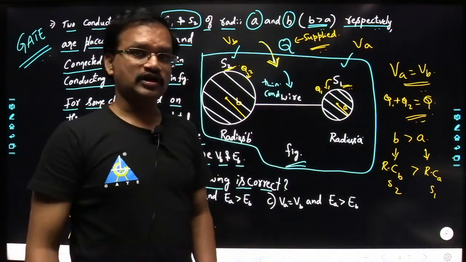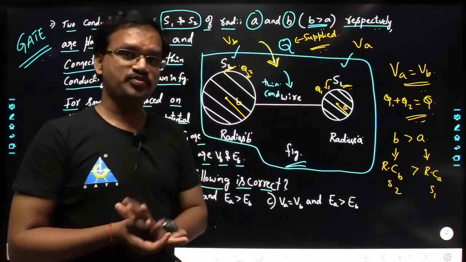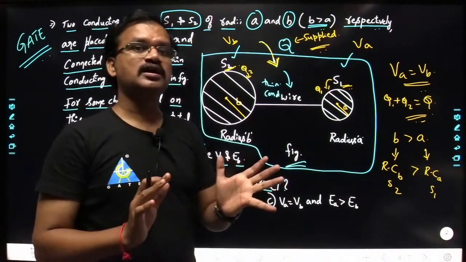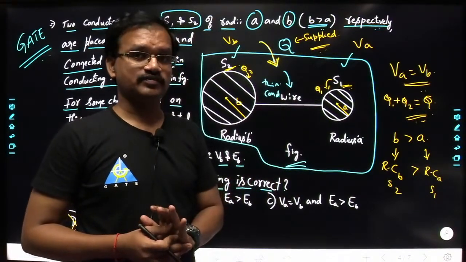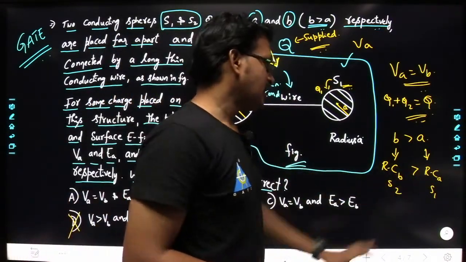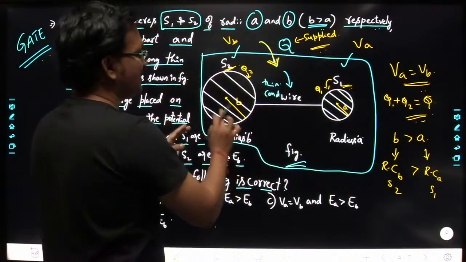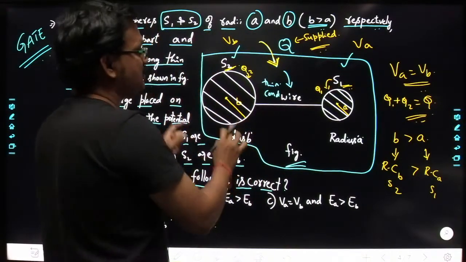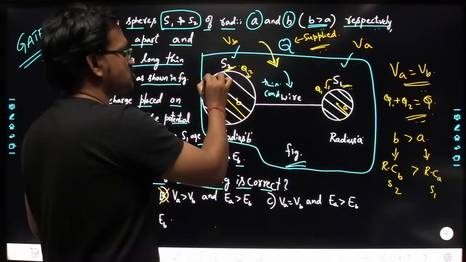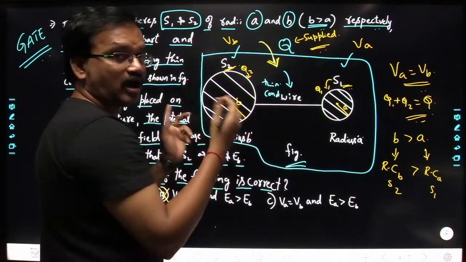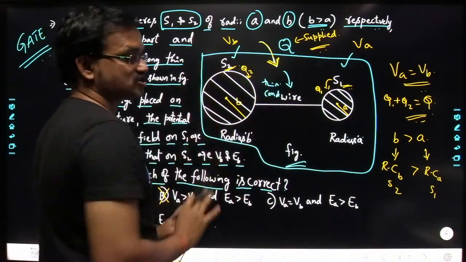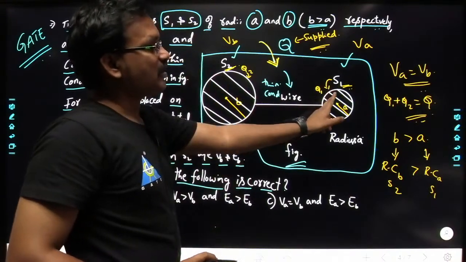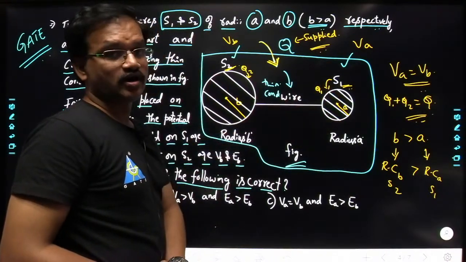We know that the charge distribution on the surface of the sphere depends upon the radius of curvature. Here the radius of curvature of this one is more. That means the charge accumulation, or I can say the surface charge density, on this sphere will be lesser when compared to the surface charge density on this one.